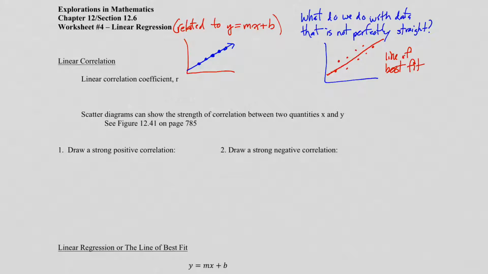So what is the linear correlation coefficient? It is a unitless measure that describes the strength, how strong is this correlation between all the data points?